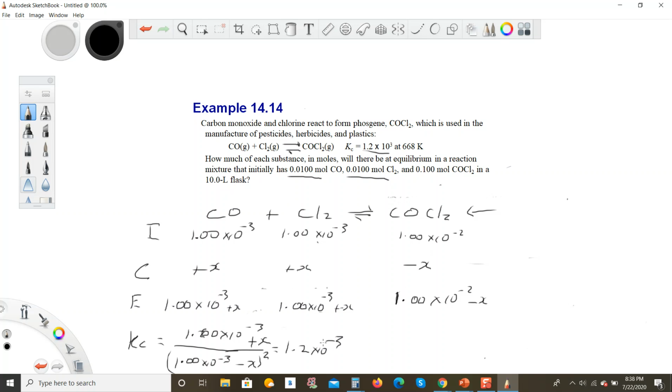Let me just say that after solving, going through several steps, you're going to get a quadratic equation, which looks like this: 1.2 times 10 to the 3 x squared, plus, or I should say minus, let me erase this here.